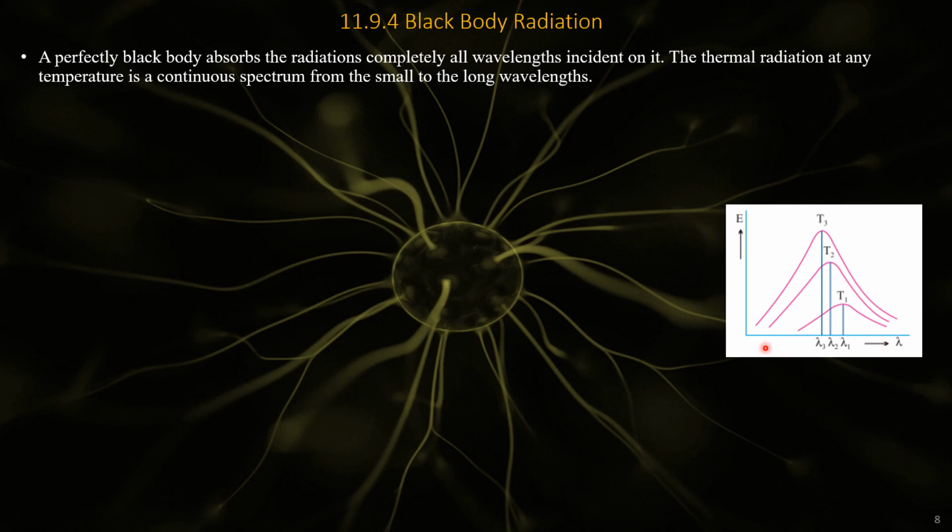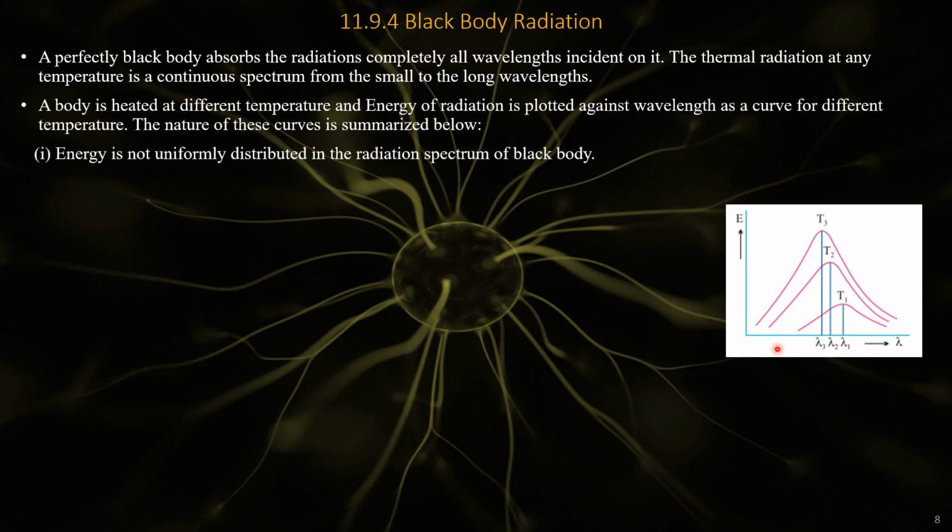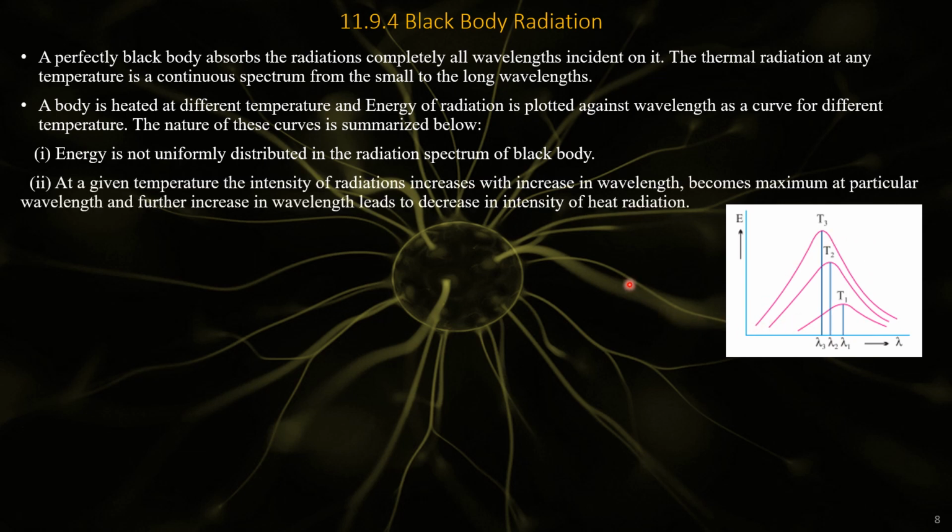It is observed that as we increase the wavelength, the energy increases. The observations are summarized below. Energy is not uniformly distributed in the radiation spectrum of a black body. This curve is also called the radiation spectrum.